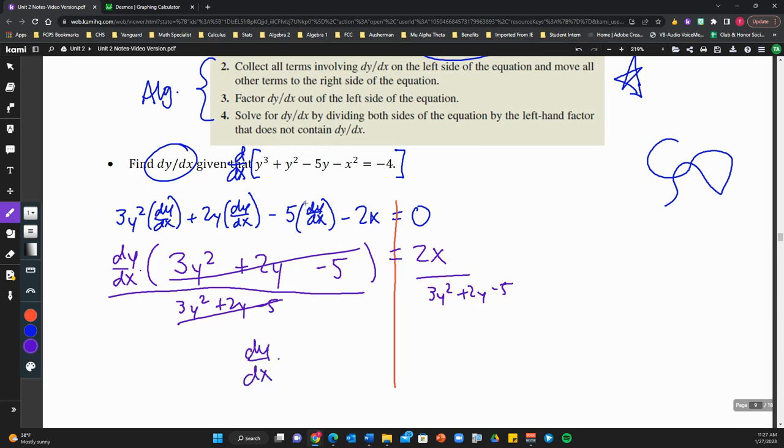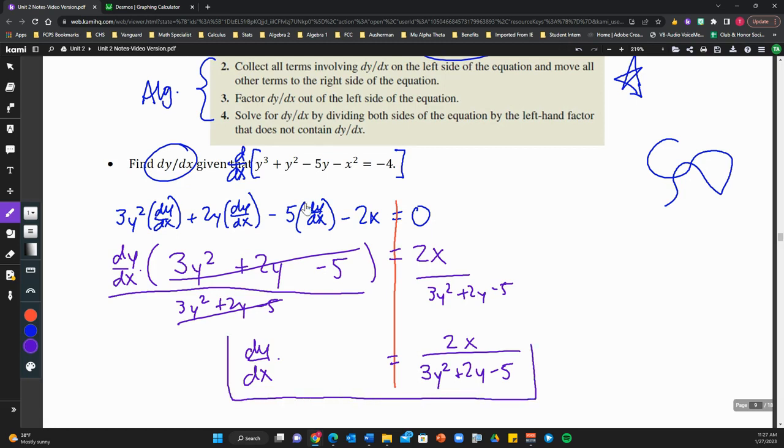And so we are left with dy/dx equals this fraction. We have lots of derivatives or dy/dx equations that end up being fractions because of this process, because we end up moving some terms over and then dividing by a group of other terms. Most of these dy/dx's actually end up being some kind of fraction.